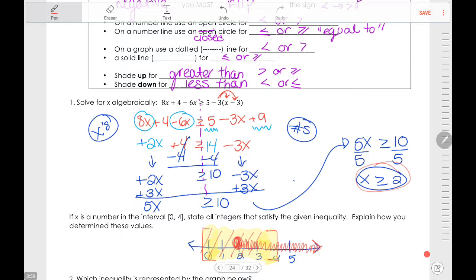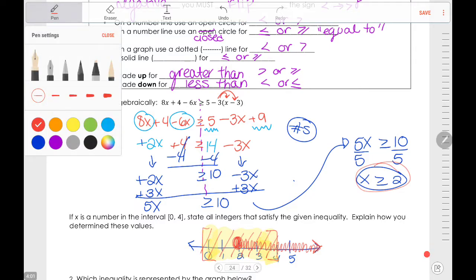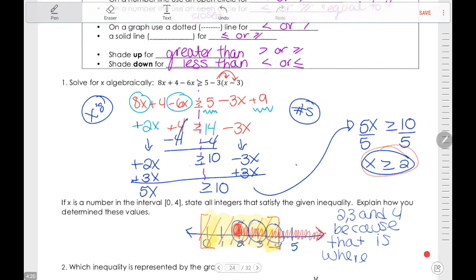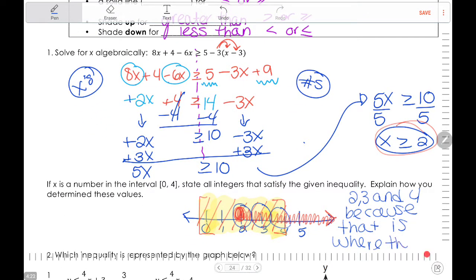They overlap at the points 2, 3, and 4. So my answer would be 2, 3, and 4 because that is where they intersect.